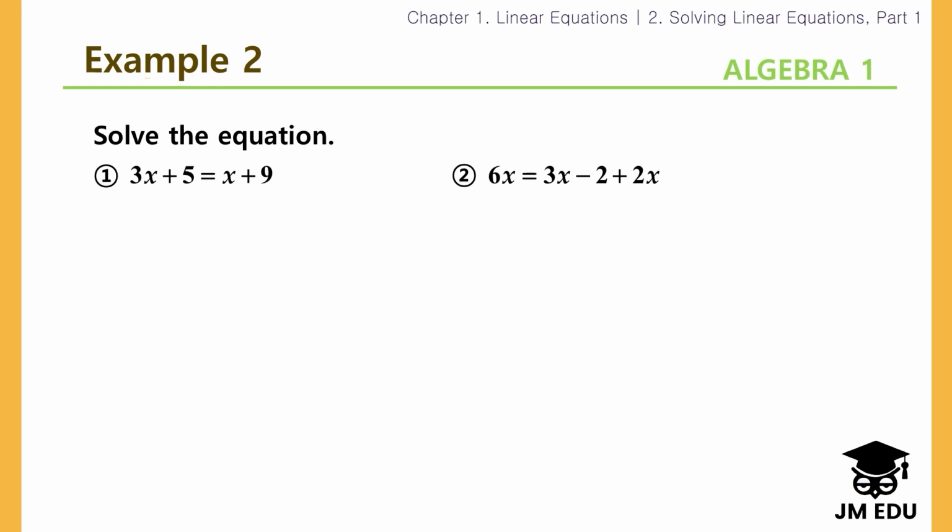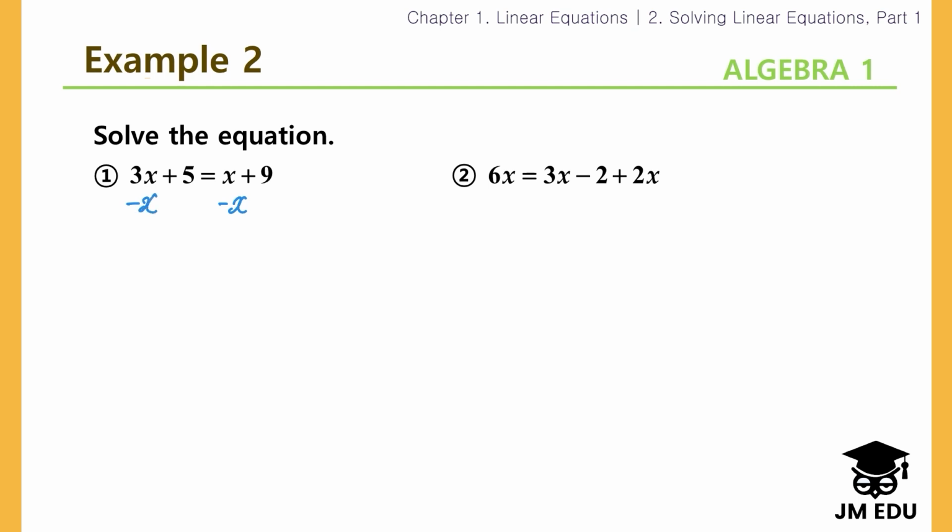Okay, example 2. The question is to solve the equation. For number 1, we have 3x plus 5 is equal to x plus 9. What I'm going to do first is eliminate x on the right-hand side. Or I could eliminate plus 5 on the left-hand side first. Either way is fine, okay? So let's eliminate x on the right-hand side by subtracting x from each side.